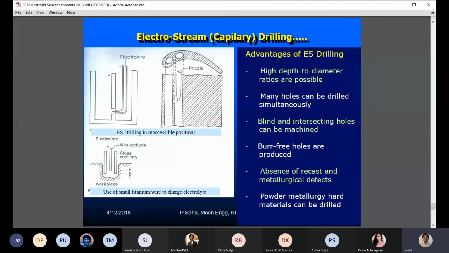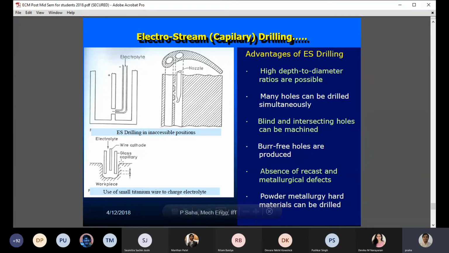Okay, so here what is happening? You have, centrally, a wire made of non-corrosive materials like platinum or titanium. Surrounding it, we have the glass capillary, and this fine wire electrode gets guided through the glass capillary.